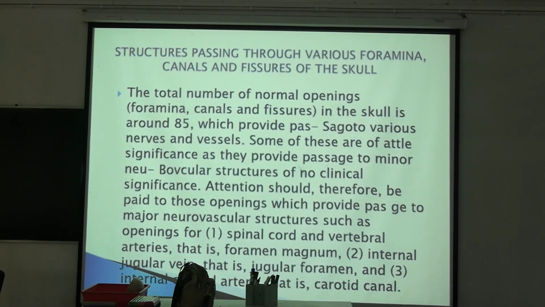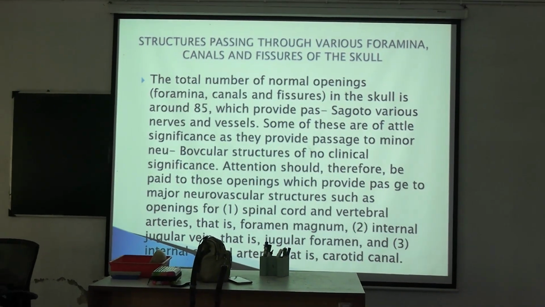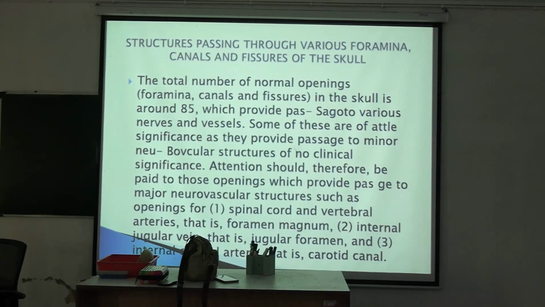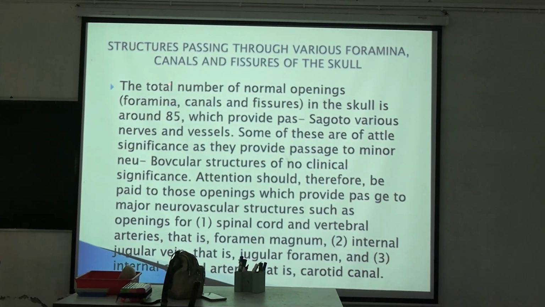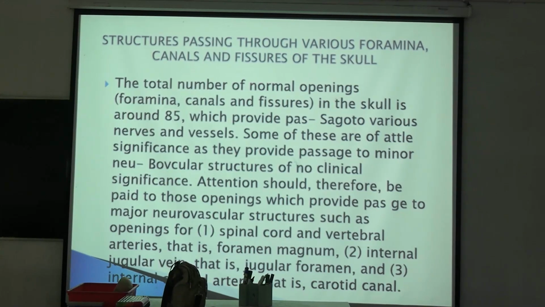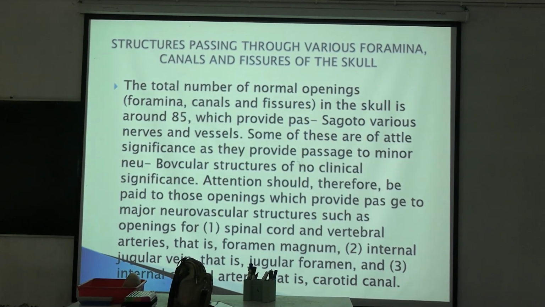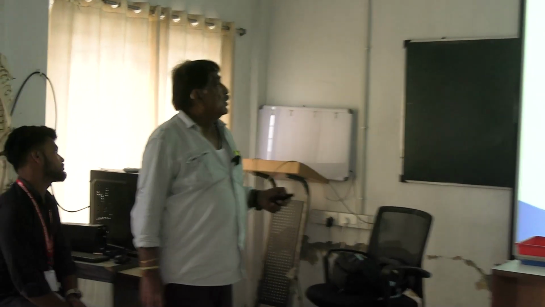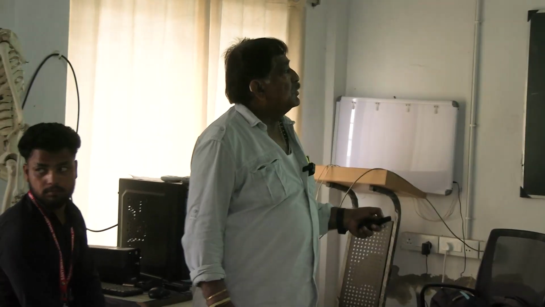Now, structures passing through various foramina, canals and fissures of the skull. The total number of normal openings, foramina, canals and fissures in the skull is around 85, which provides paths to various nerves and vessels.